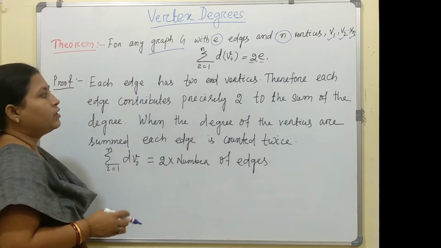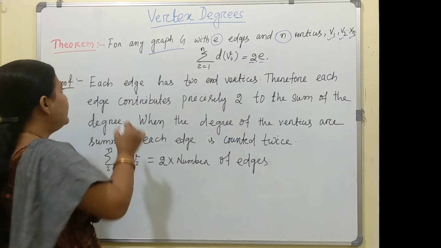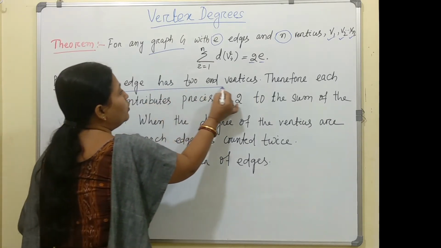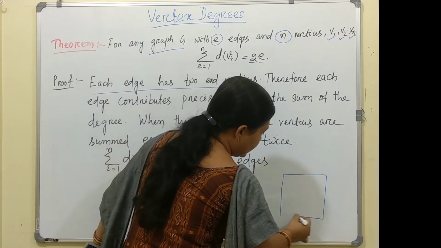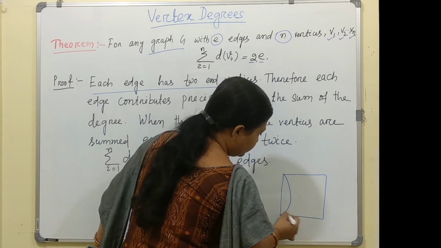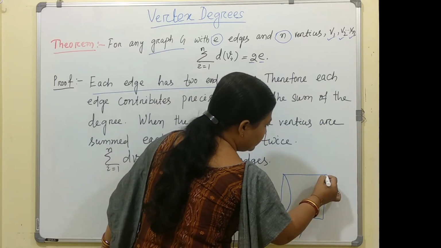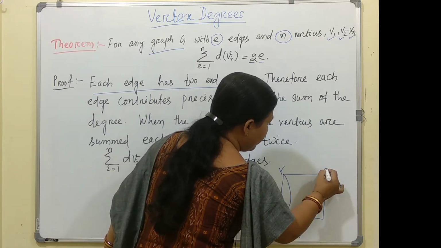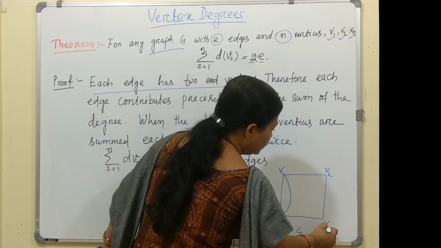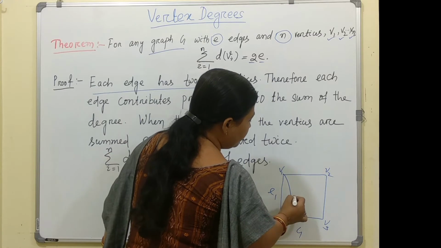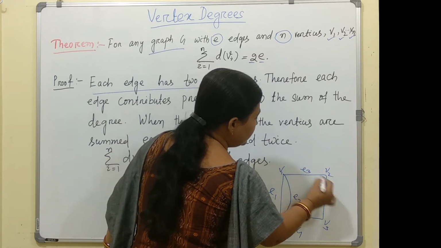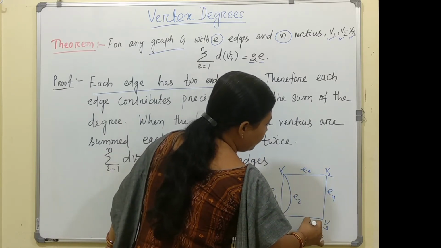So proof. We all know that each edge has 2 end vertices. If this is a graph G and there are 4 vertices V1, V2, V3, V4, and edges are E1, E2, E3, E4, E5.